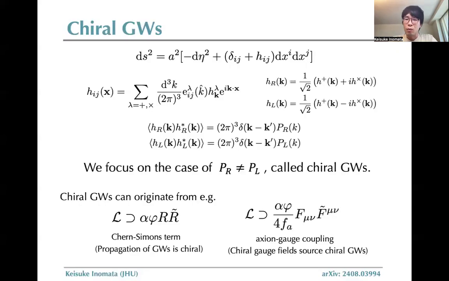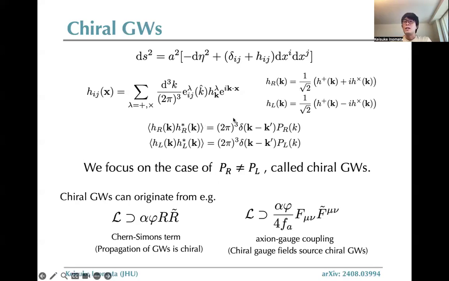First, let me explain what chiral gravitational waves are. This is a line element, and Hij is the tensor perturbation. The tensor perturbation can be expanded with the plus and cross modes like this, and right-handed and left-handed tensor perturbations can be made with a linear combination of the plus and cross modes.